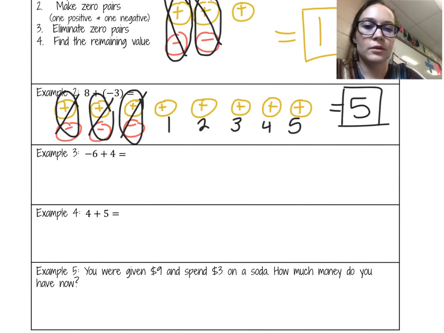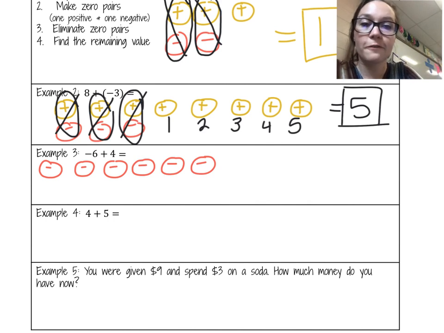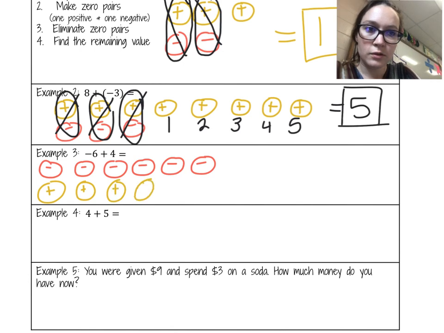Example 3, negative 6. So I'm going to draw 6 negative chips. 1, 2, 3, 4, 5, 6, plus a positive 4. So I'm going to draw 4 positive chips. 1, 2, 3, 4. Then I'm going to make the 0 pairs.